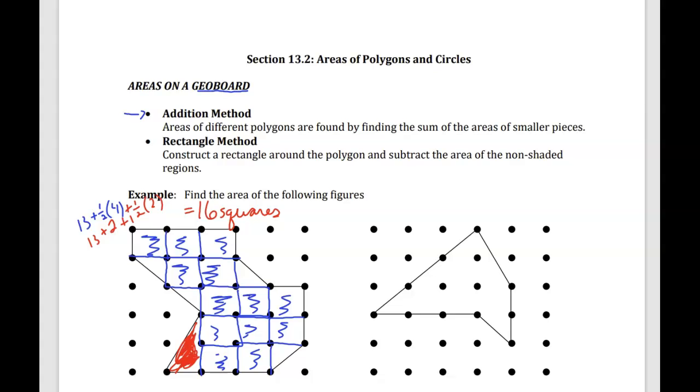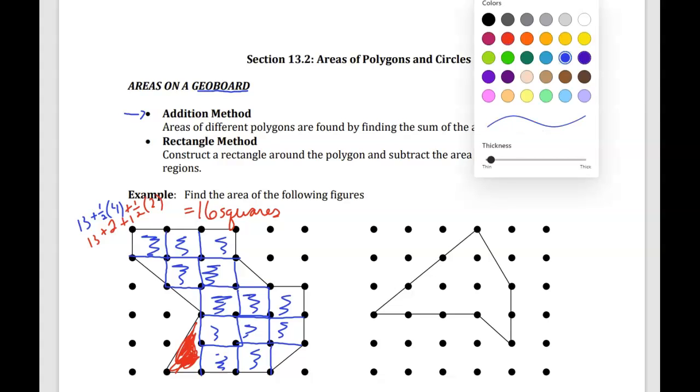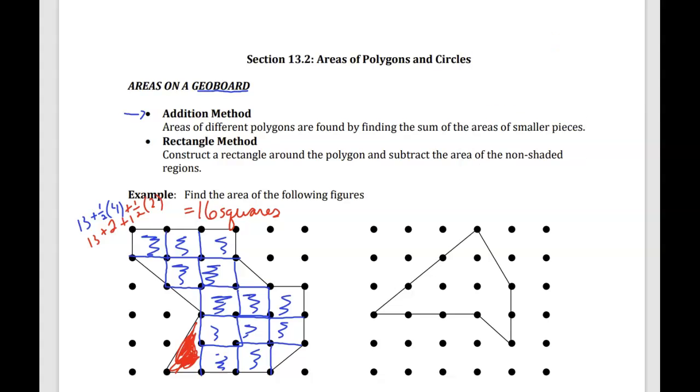The second way of doing it is something called the rectangle method. And what the rectangle method says to do is we construct a rectangle around the polygon. And so I'm going to construct a rectangle around this entire polygon. And I'm going to count up how much that entire rectangle is going to add up to be.